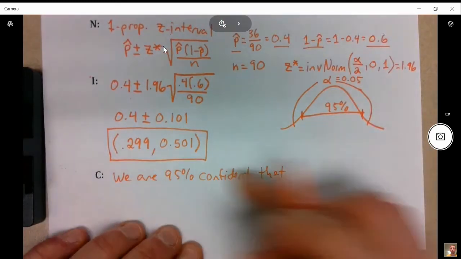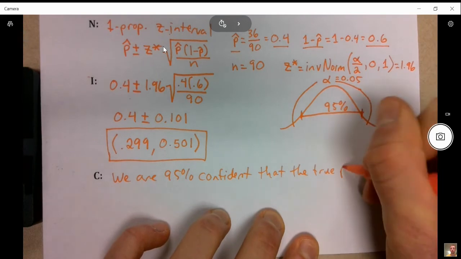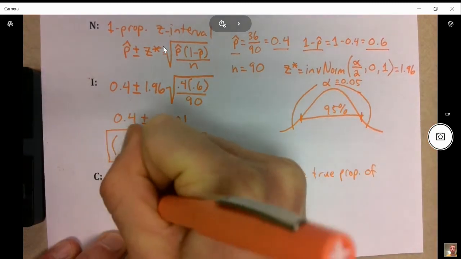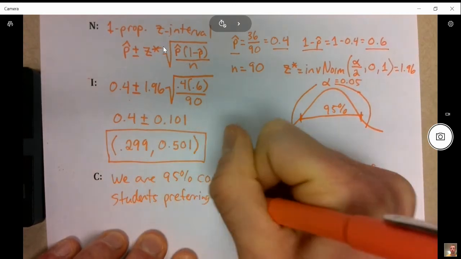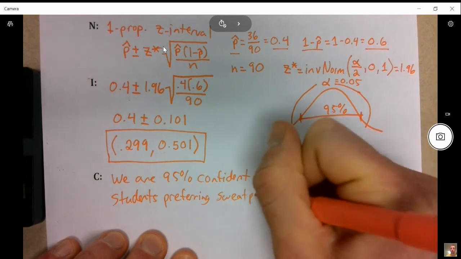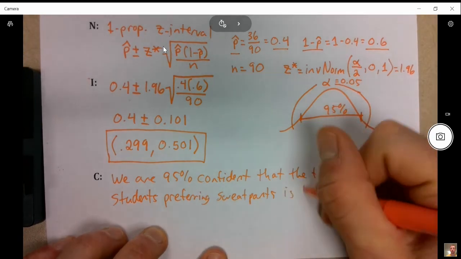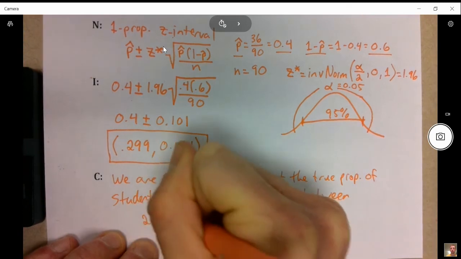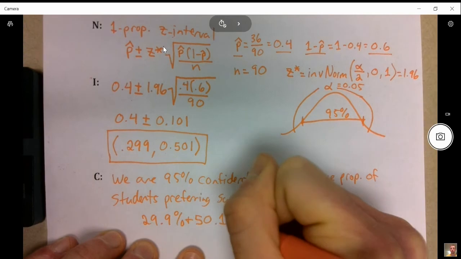So we are 95% confident that the true proportion of students preferring sweatpants, so that's what we're trying to estimate, is between 29.9% and 50.1%.